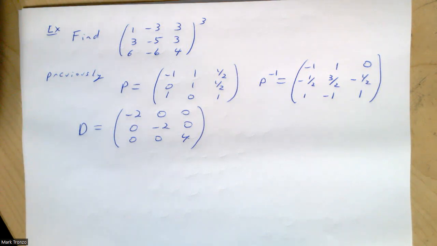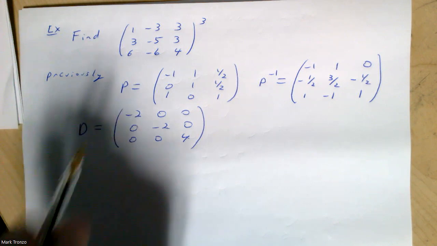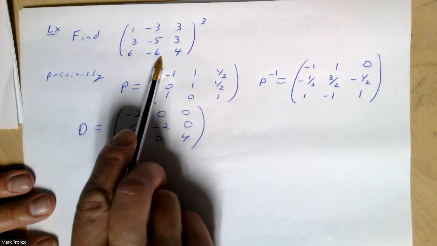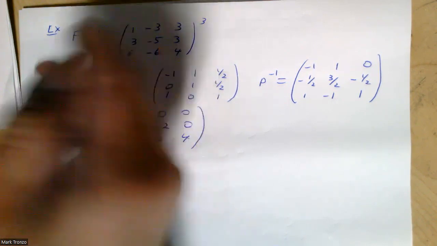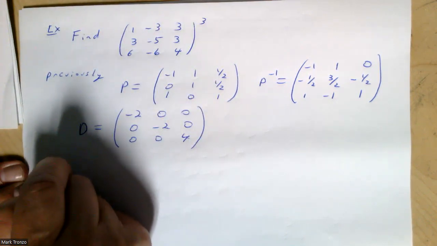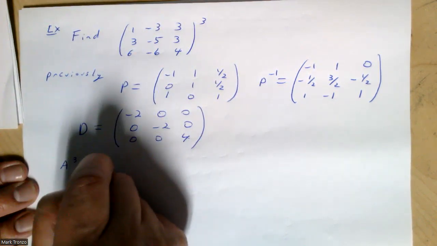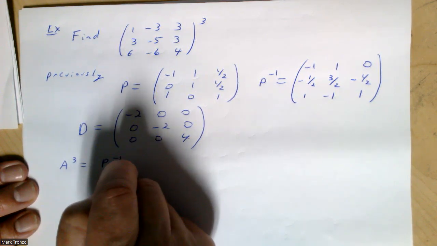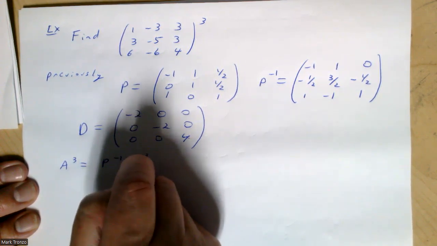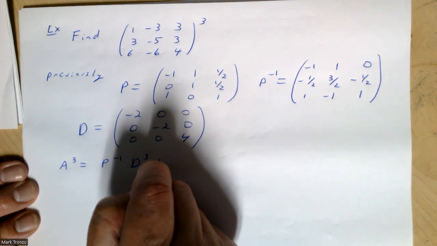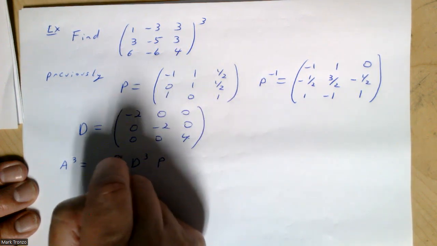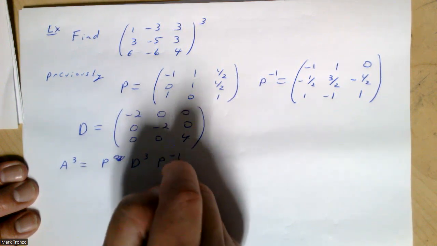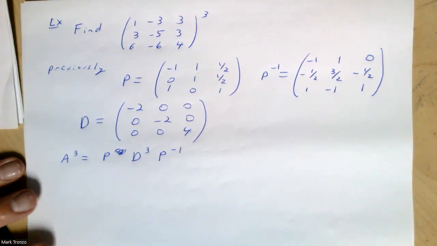And so if we want to find this cubed, and we call this our matrix A, then as I said before, A cubed is simply going to be P D cubed P inverse.